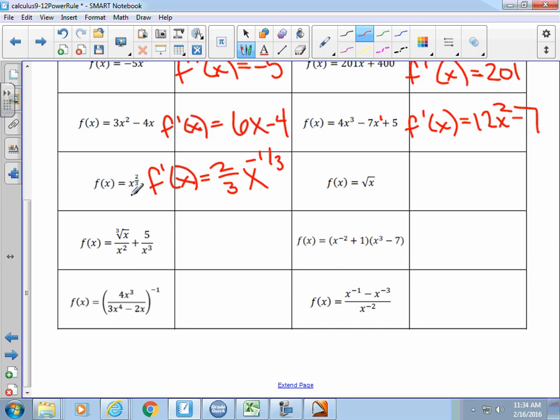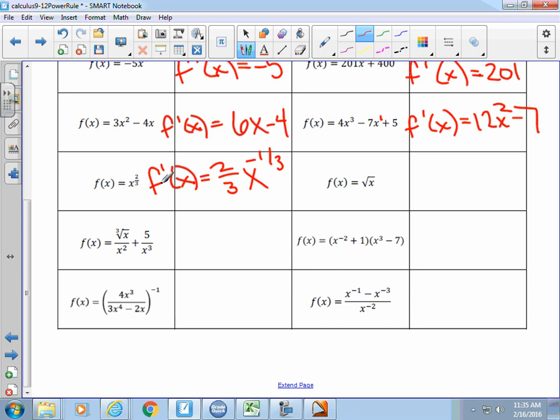I subtract 1 from 2/3, which gives me negative 1/3. Quick mental note. This is a cube root squared. How hard would that be? Quite challenging if you had to do that the long way, wouldn't it? It'd be pretty awful, wouldn't it?